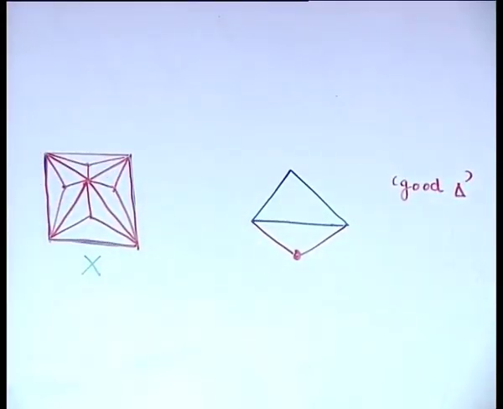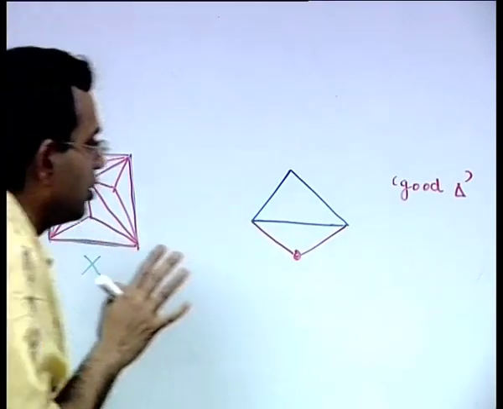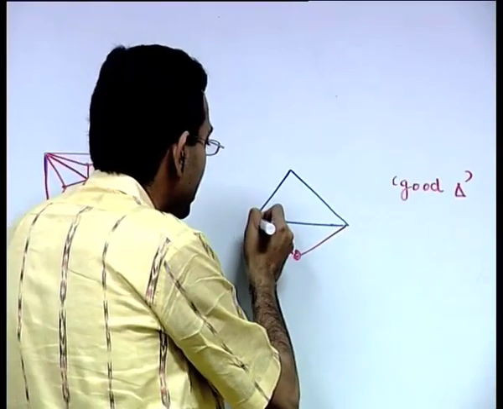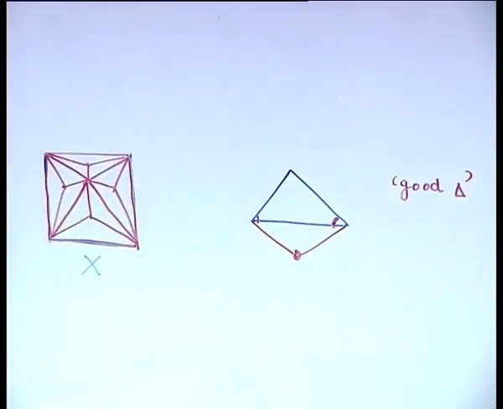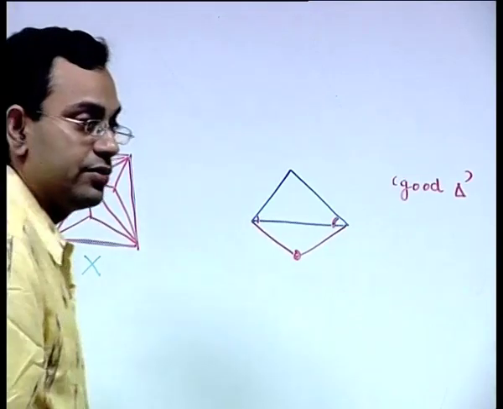What is the characteristic of goodness of a triangle? Goodness of a triangle will imply that the interior angles are not very small. Again the question is what is small and what is large, that we have to quantify.